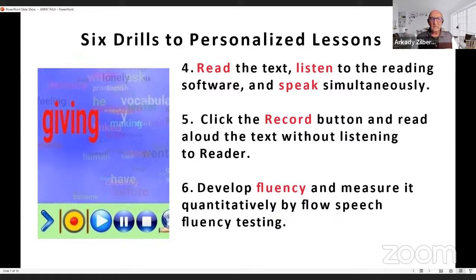Drill 6. Develop fluency and measure it quantitatively by flow speech fluency testing. Flow speech fluency testing may be quite a new term, a new concept for you.